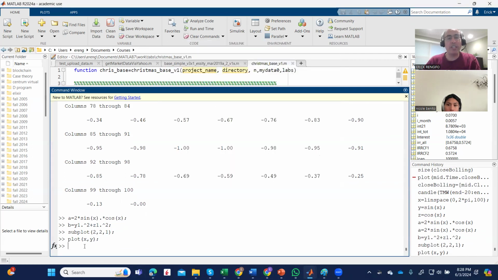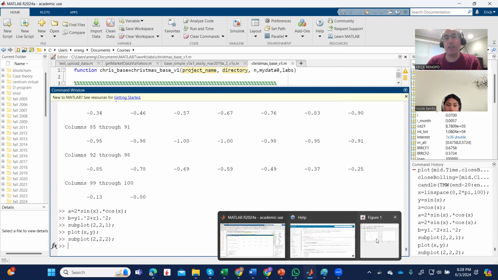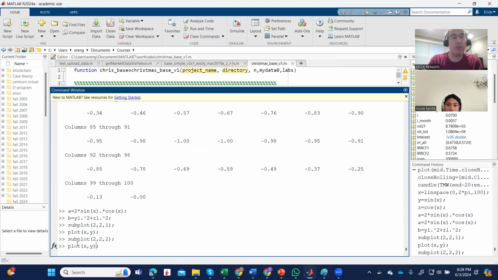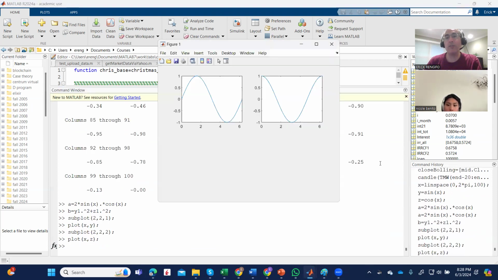So now let's go to the second position. It's going to be 2, 2, 2. And then it has created an empty space in position 2. And then I want here to plot with z. You can take a look. Here we go.